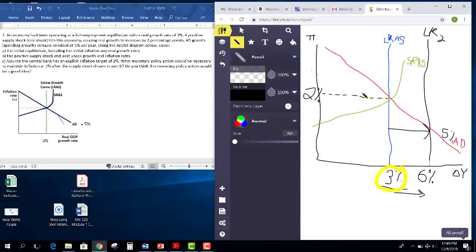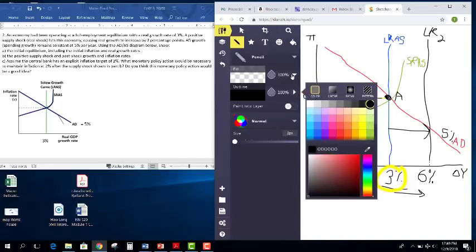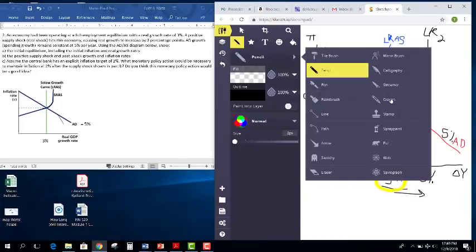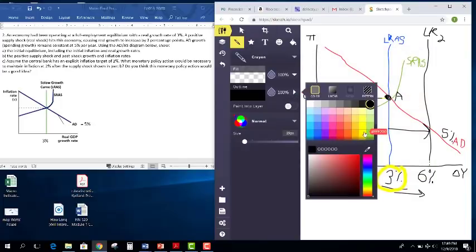Okay, so there's the initial. Let's put a dot there and let's label that A. Okay, the positive supply shock, growth in inflation rates. Let's circle that. Let's make the initial ones here in yellow.